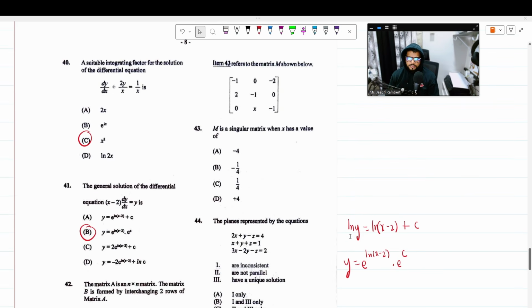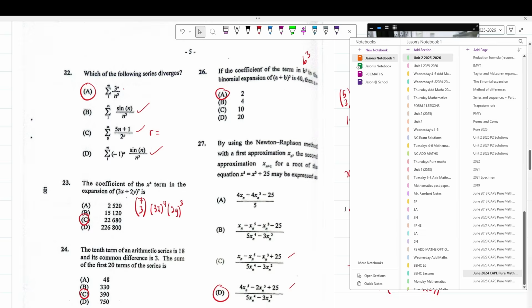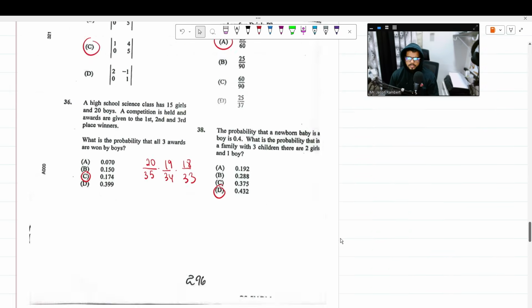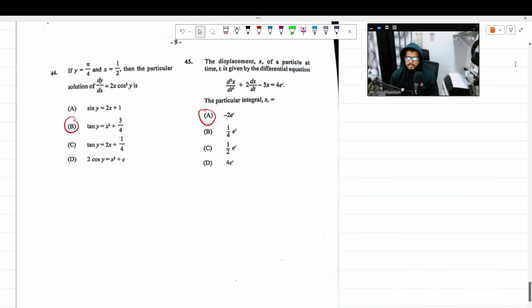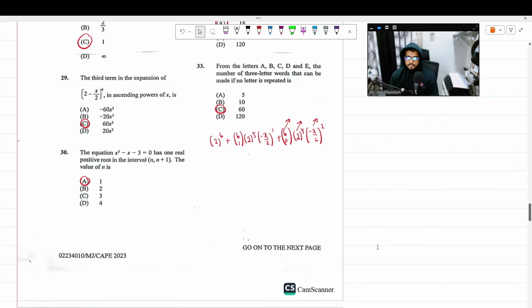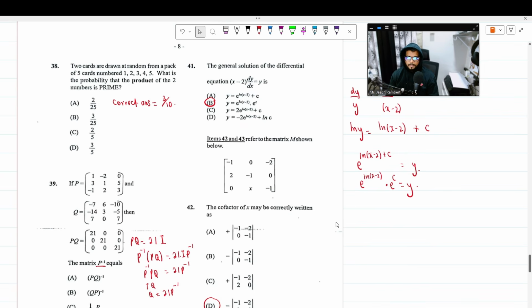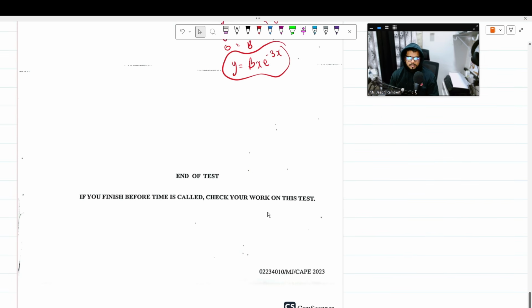43. M is singular when x has a value of, we did this question last year, I think, right? I want to say it is minus a quarter. I'm just going back to get the answer. M is singular. And well, I just glimpsed the last question. We know the answer for the last question already. It wasn't here.